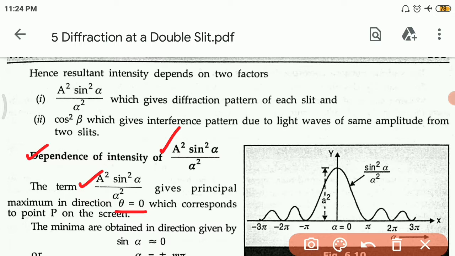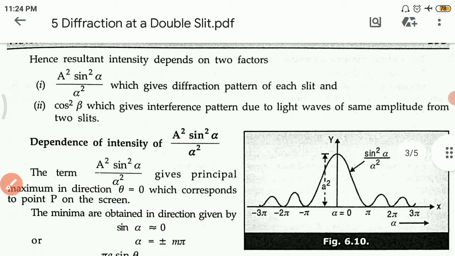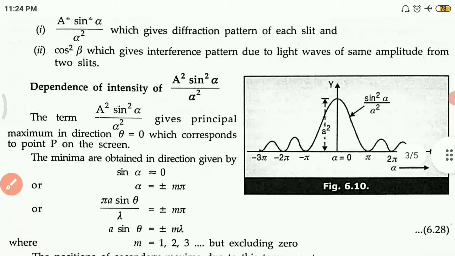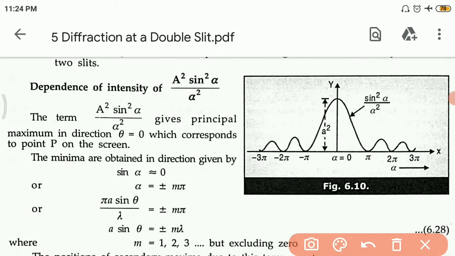Then if we look at the minima, the minima will be obtained in the direction given by sin alpha nearly equal to 0. Okay, so that alpha we get as plus or minus m pi, but remember we will not take alpha equal to 0, because alpha equal to 0 actually corresponds to the central maxima, right.